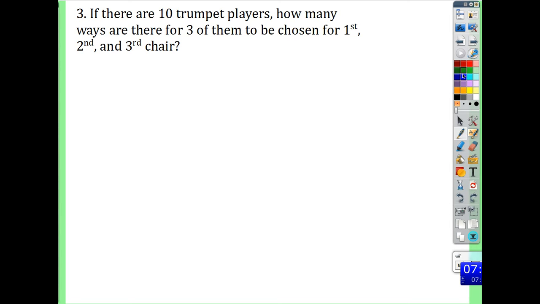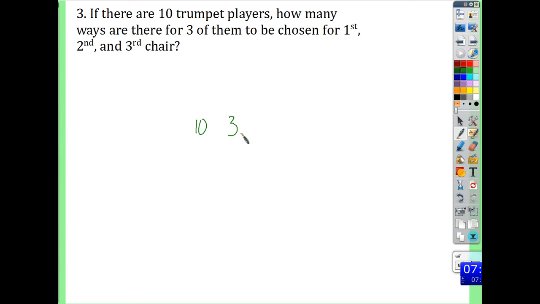So we're taking from 10 people, 3 at a time. Whenever we're taking a small group out of a large group, we're always going to do combinations or permutations. When it's that simple, then it's that simple. Taking some out of a larger group, we're going to do 10 something 3. We just have to decide, is the order important, or is it not important?